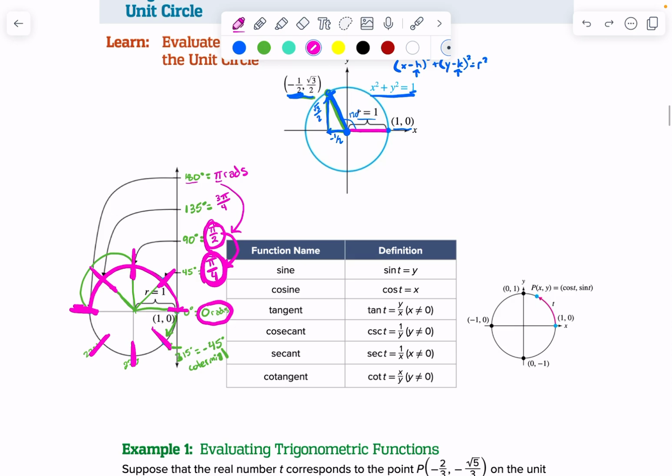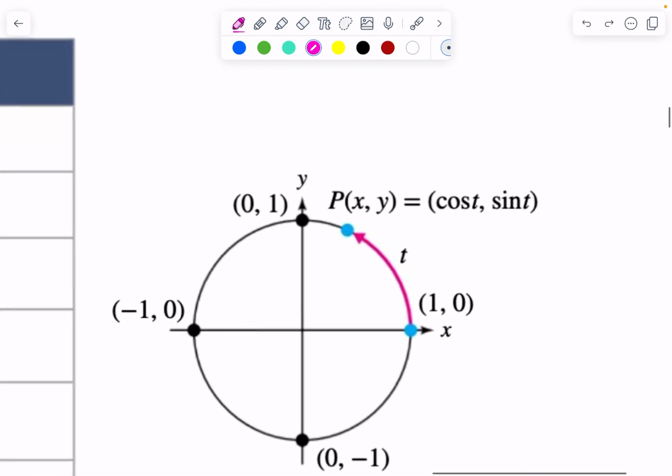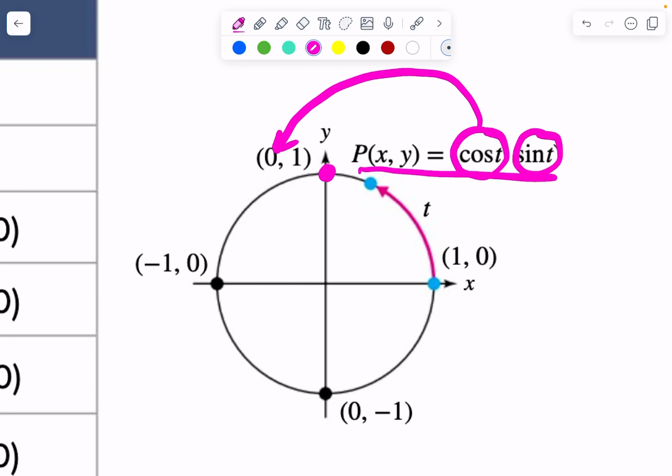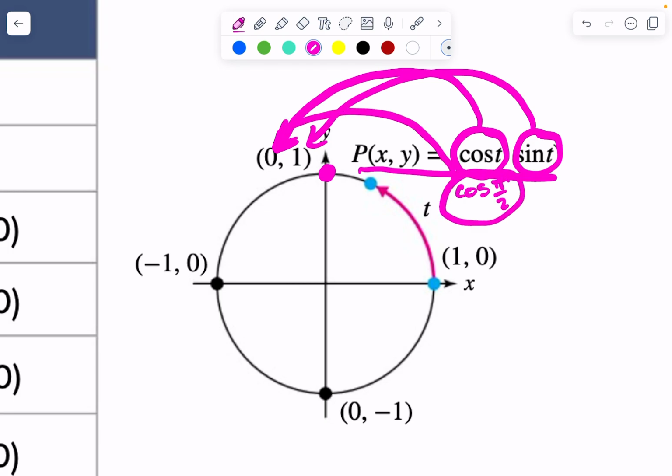Okay, so there is that. All right, I just told you about the cosine comma sine thing. You have this at the top of your unit circle. So like 90 degrees, if I want to find cosine of 90 degrees, it is 0. If I want to find sine of 90 degrees, it is 1. Same thing with cosine of pi over 2, because pi over 2 is 90 degrees, it would be 0.